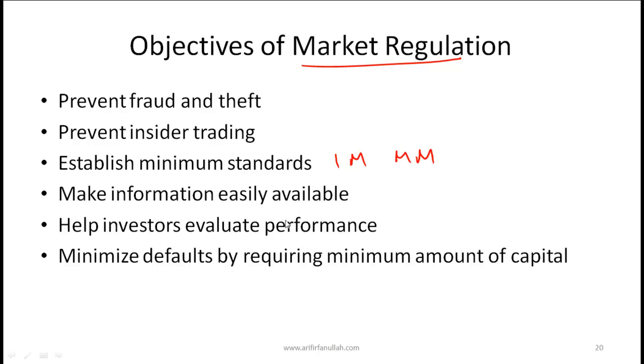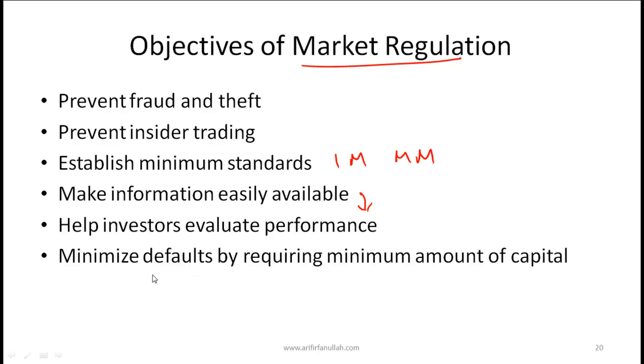This would help investors evaluate performance. So a key point here, just to explain this with an example, is that for a share to be publicly traded, there is a tremendous amount of information that must be disclosed before shares can be traded. With that information disclosed, investors can evaluate performance more effectively.